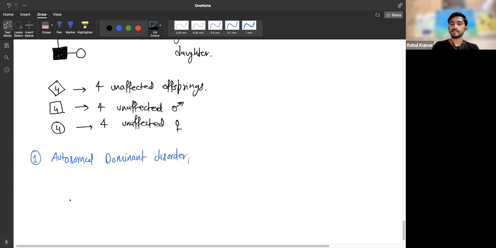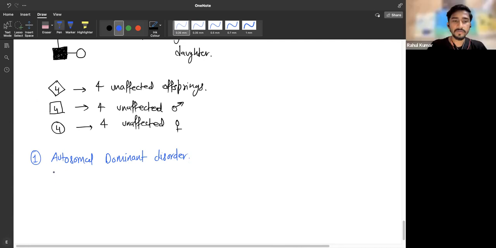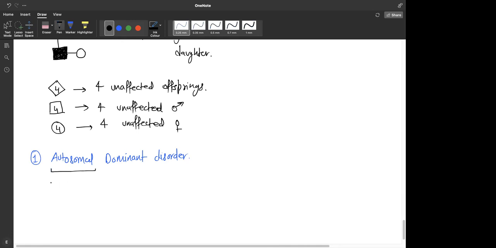Saifullah, what does this word tell you? Autosomal dominant disorder. Non-sex chromosome related. So autosomal means it is related to? Autosomes. Yes.